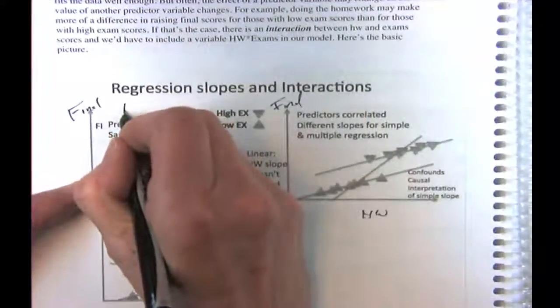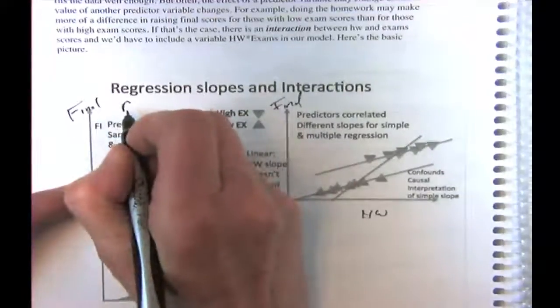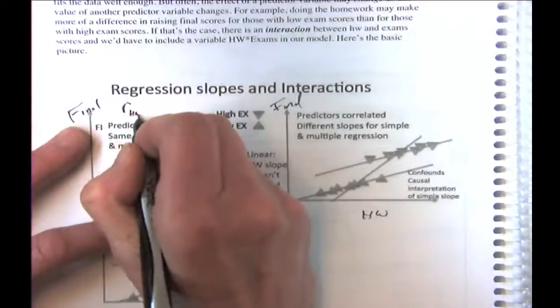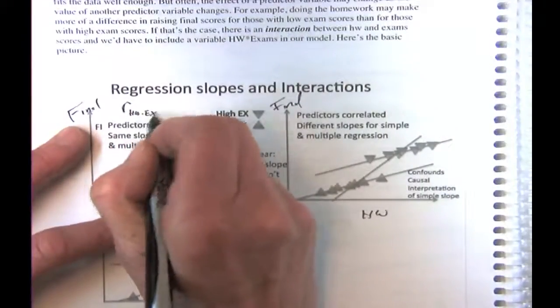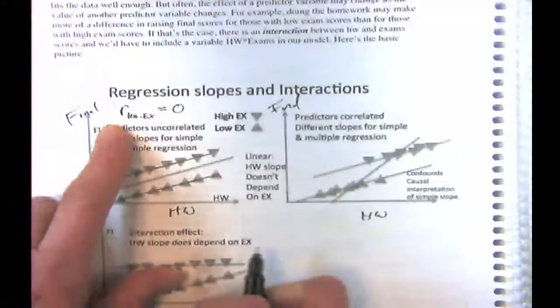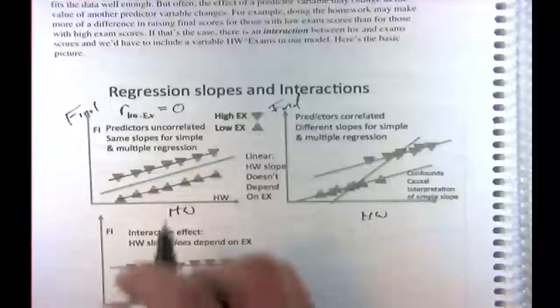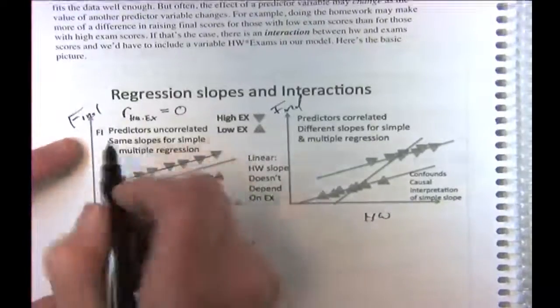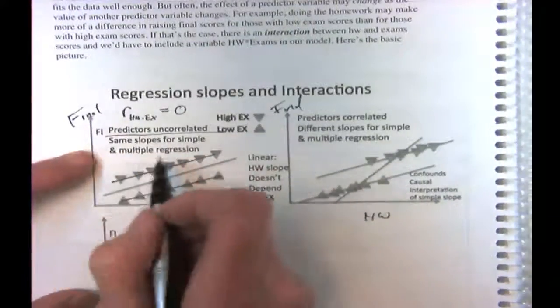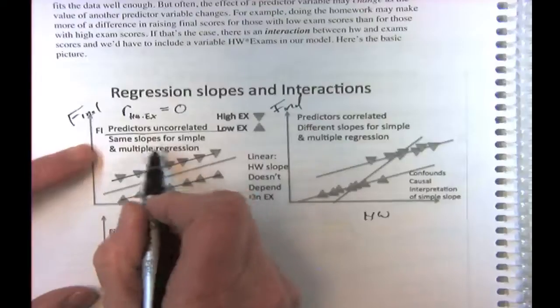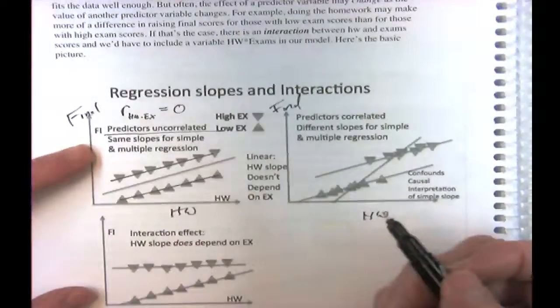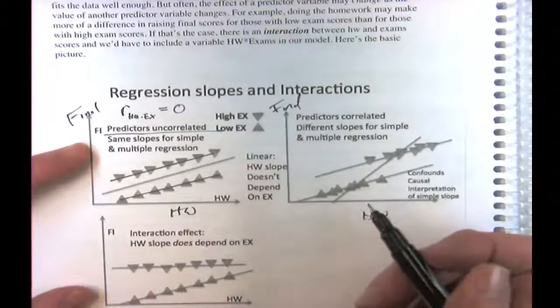The correlation between the two, x1 and x2, homework and exams, is equal to 0, and there's no interaction. Predictors uncorrelated, and you get the same slope here. And there's also no interaction.